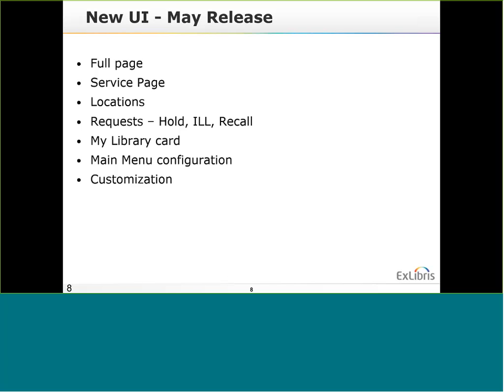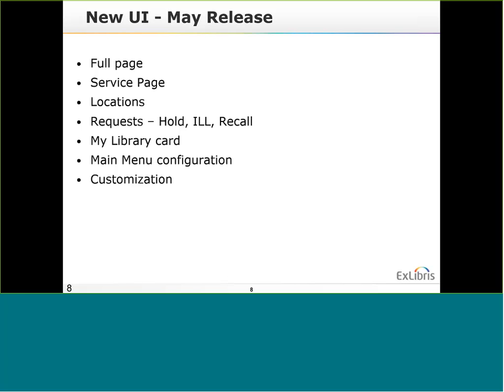My library card was improved, and now we have the full services that are available. The main menu is now configurable. In February, we had the main menu and the promoted actions, those two actions on the result list, and everything was hard-coded. Now everything is configurable.